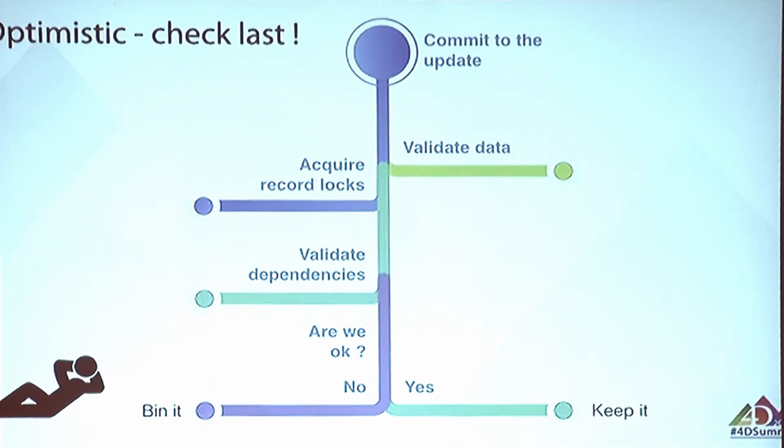But when we're using transactions, the optimistic logic flow is more the natural way to work. So we commit to the update first. Then we check if something's locked. We do some data validations. We can go all over the place, and if we get just one error anywhere, the whole lot will unravel, which is very useful. We decide to bin it or keep it.